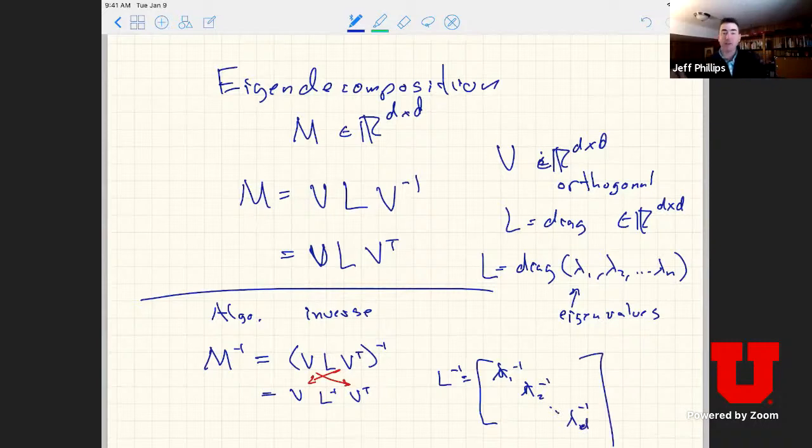So I can take the inverse of a diagonal matrix by inverting each of the terms on the diagonal. And if these are zeros, then I just keep them at 0.